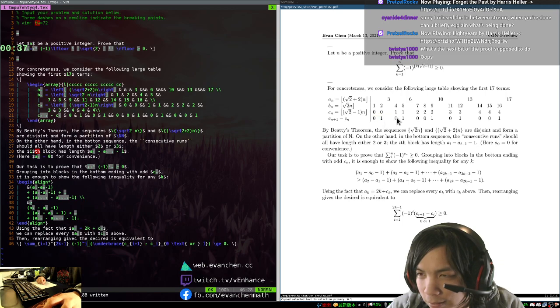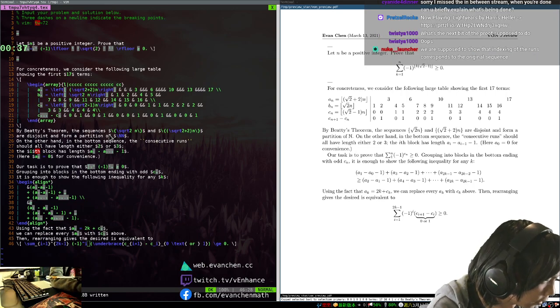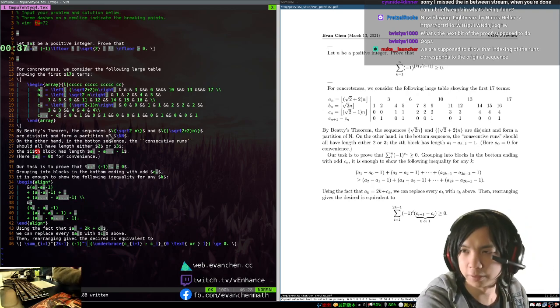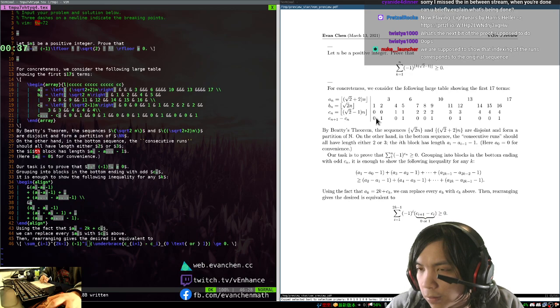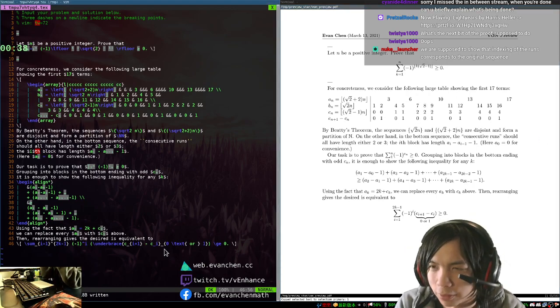I want the indexing of the runs to correspond to the original sequence. So in the notation that's written here, what's the correspondence I want?